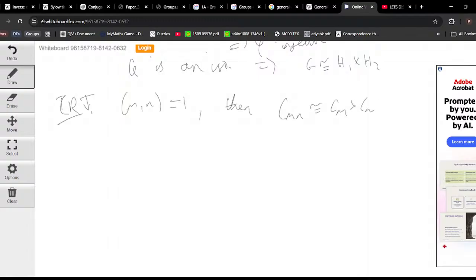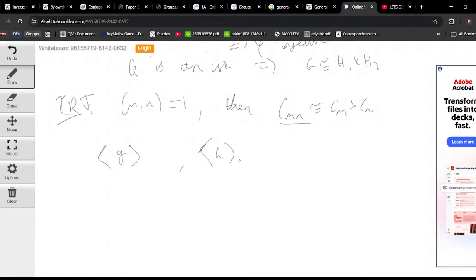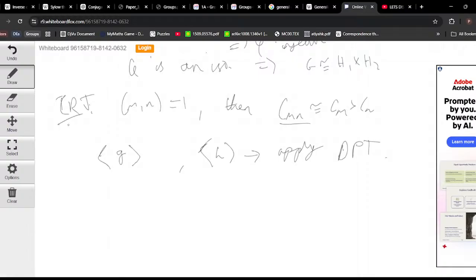The way you do that is by considering CMN, taking the element of order M and the subgroup generated by that, and the element of order N, and you apply the direct product theorem. You can show the various conditions by basic number theory, like using Bezout's lemma. So you get the Chinese remainder theorem as a corollary.